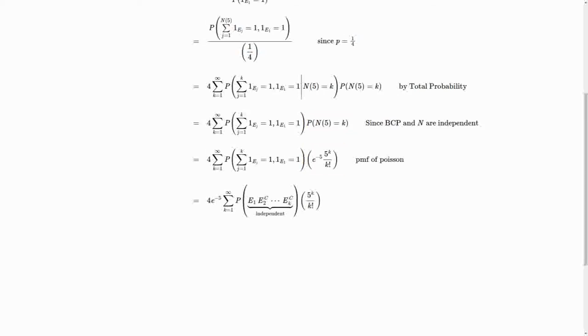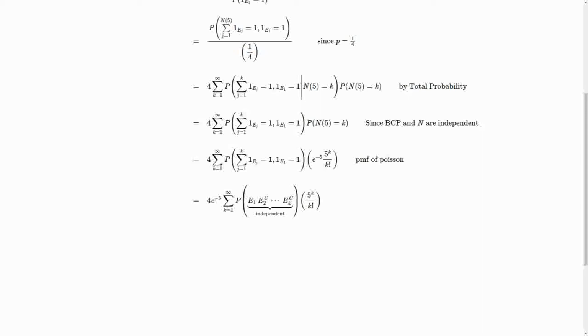So now for this probability of the sum and the first condition, what we can really recognize is that's the probability that we have E_1 and then not E_2 and not E_3 and not all the way up to not E_k in these trials. And so we have k minus 1 failures and 1 success.